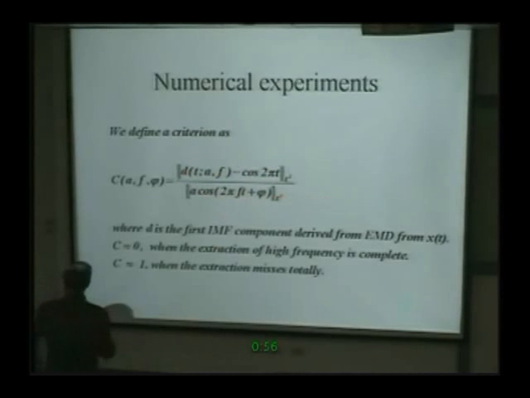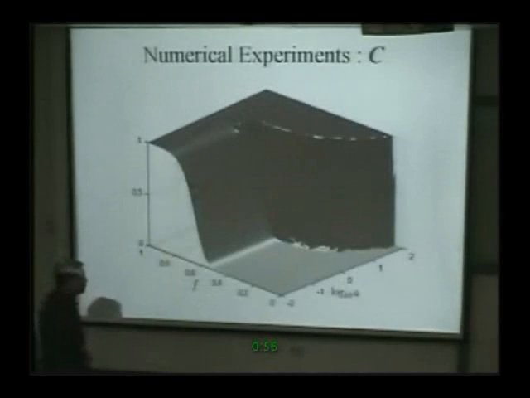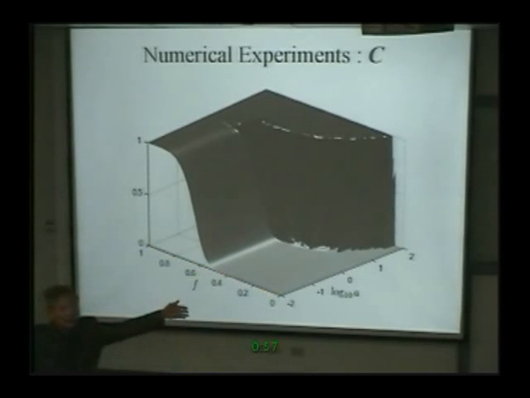So he did a numerical experiment. This axis is the lower frequency. On this end, the low frequency becomes very low, very long. At 1/2, the low frequency is half of the higher frequency. At 1, the low frequency equals the high frequency. Here is the amplitude.